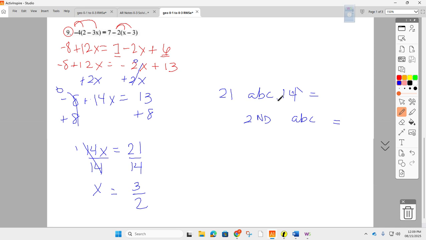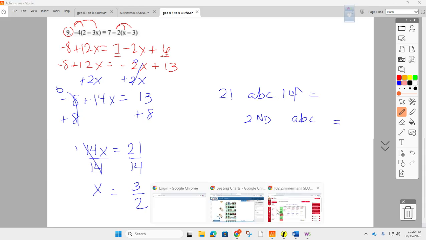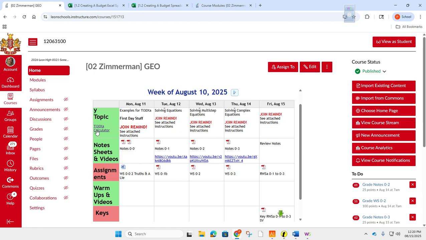While I'm thinking about it, Ms. Taylor found a digital link to our calculator that you can use on the EOC. So I posted a link on our homepage. I'm going to show you where it is. So you don't have to purchase this calculator, but you'll still be able to practice using it at home anytime you do your homework.